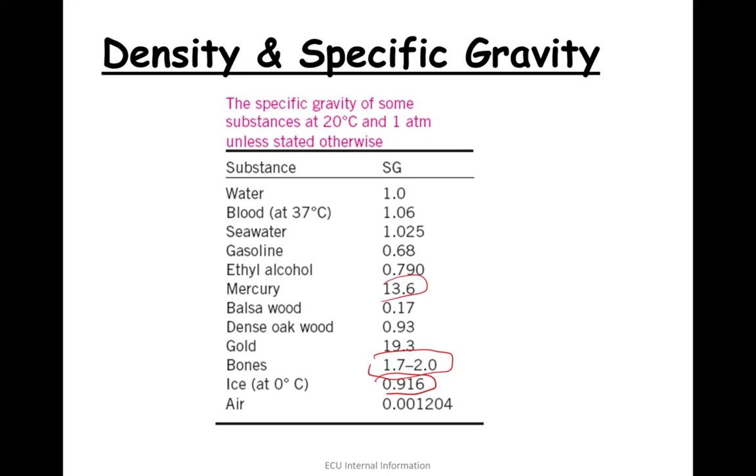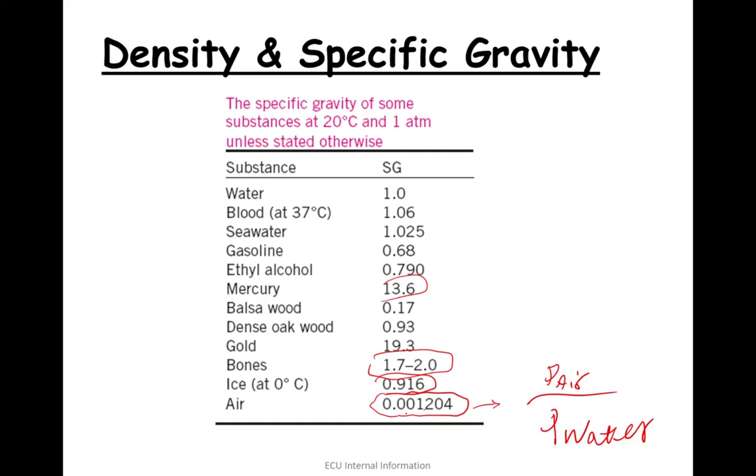Even though it is formed from water. Air is again this much. Okay, air, this is where I said why this is 0.001, because this is considered relative to the density of water. In this case, that's why you see this looks like a very small number.